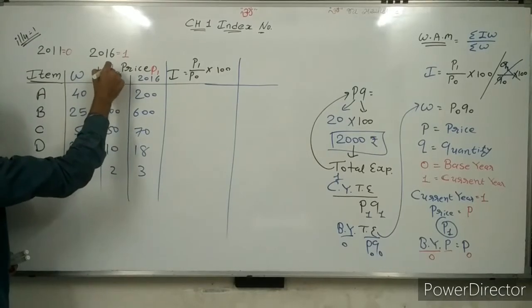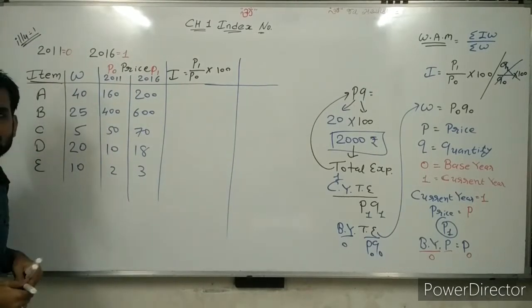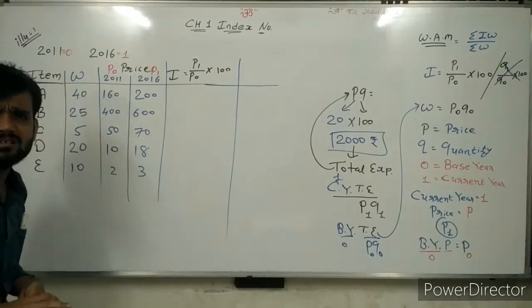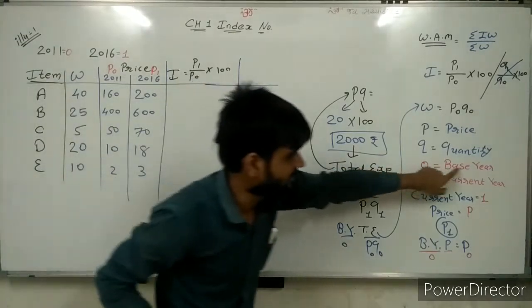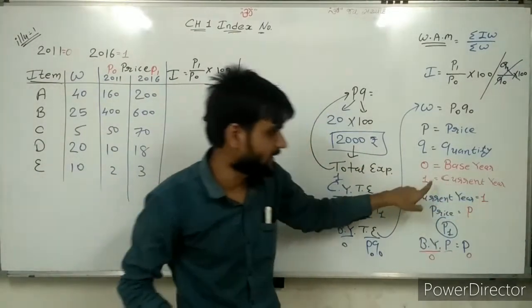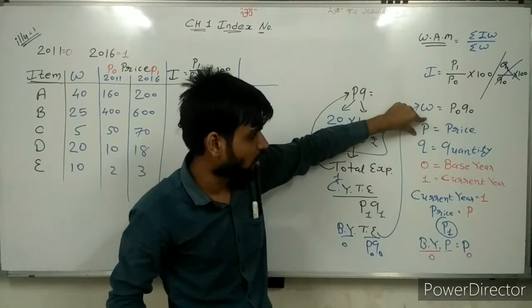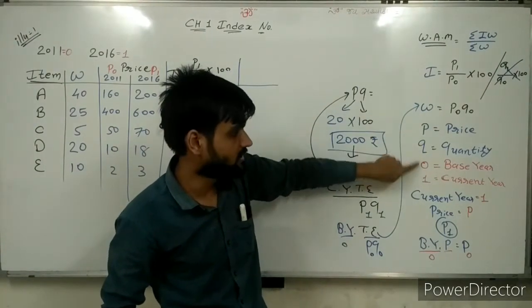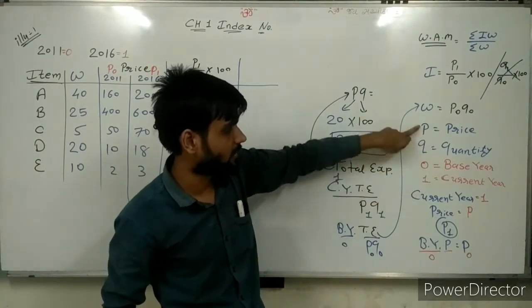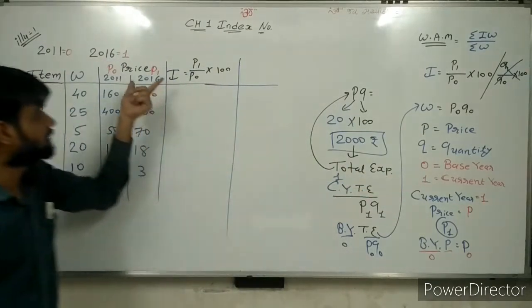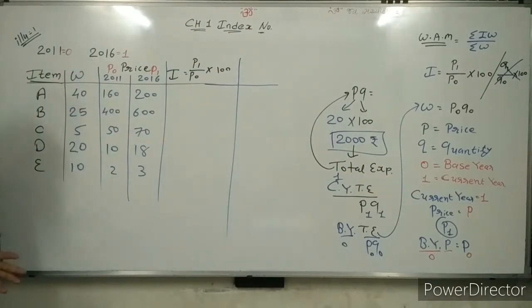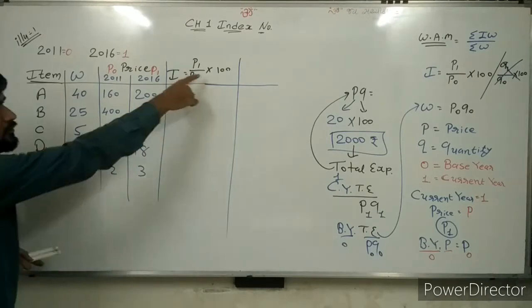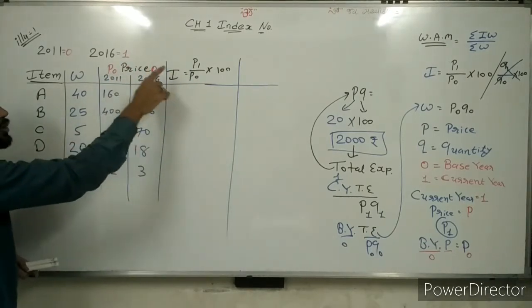Base year, P0. Simple. Because base year means 0, current year means 1. Price of base year 0, P0. Price of current year 1, P1. And now in the formula, P1 upon P0 into 100.